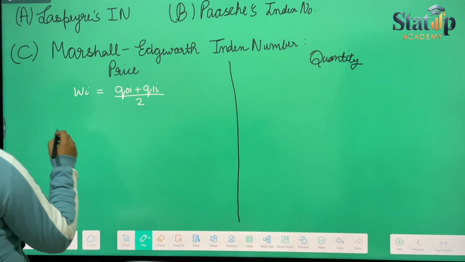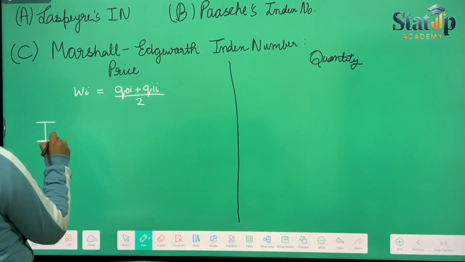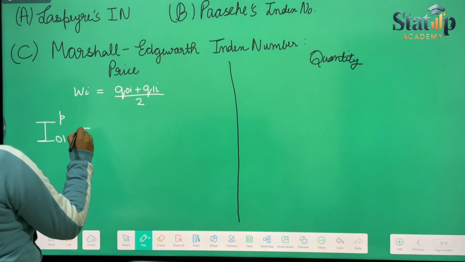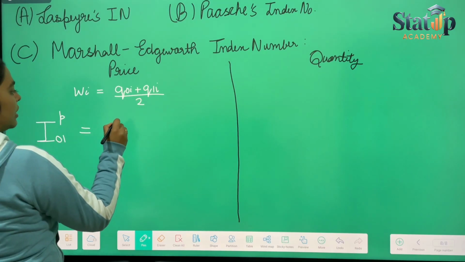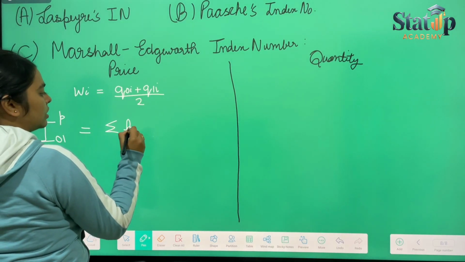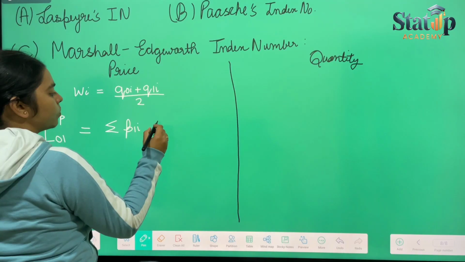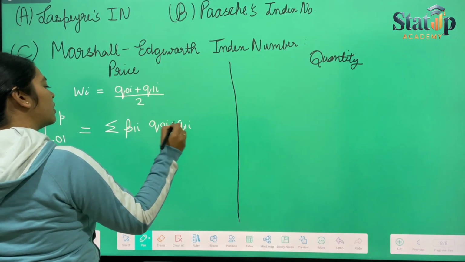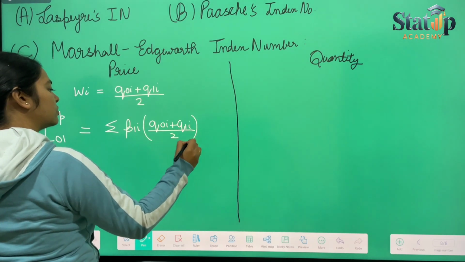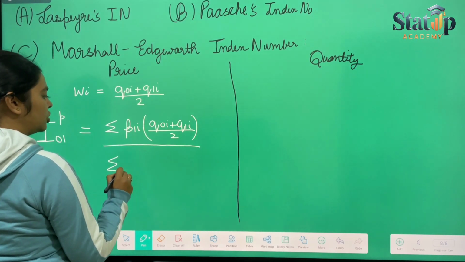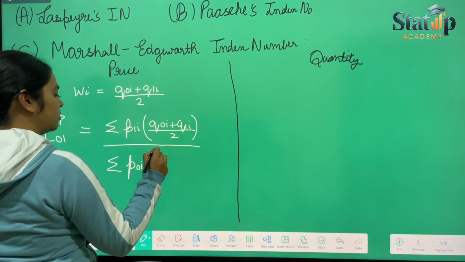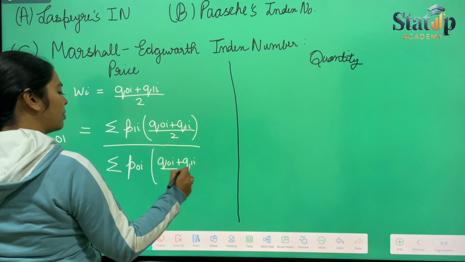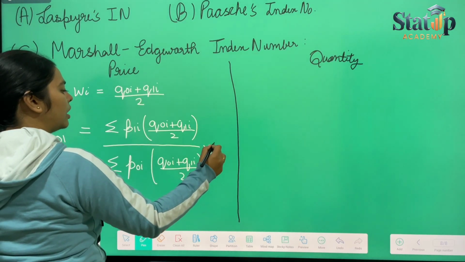So in price index number, we can say that I01 of price, the Marshall Edgeworth, is written by summation P1i (Q0i plus Q1i upon 2) upon summation P0i (Q0i plus Q1i upon 2) into 100.